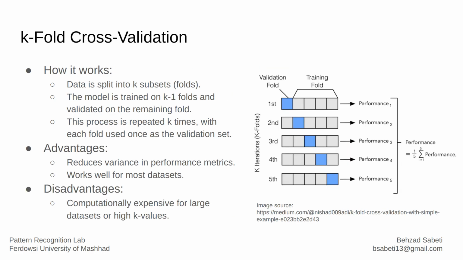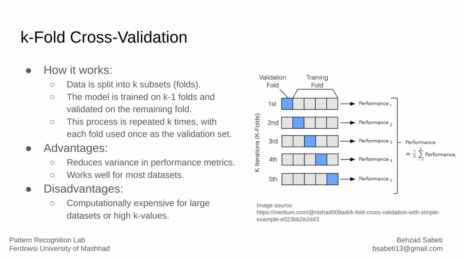Let's start with k-fold cross-validation, the most widely used method. Here's how it works. The dataset is split into k subsets, or folds, and the model is trained on k-1 folds and validated on the remaining fold. This process is repeated k times, with each fold used once as the validation set.